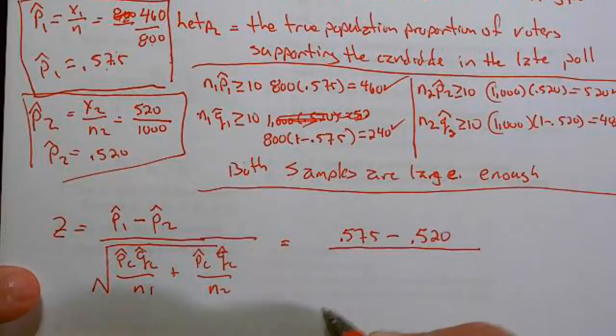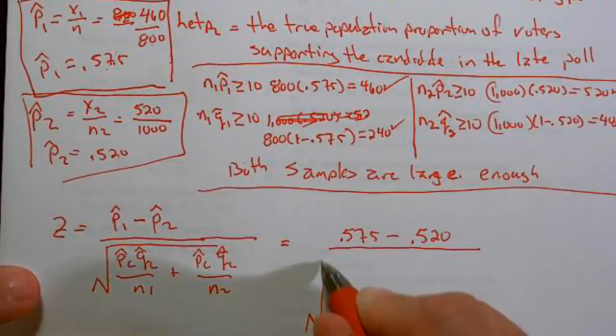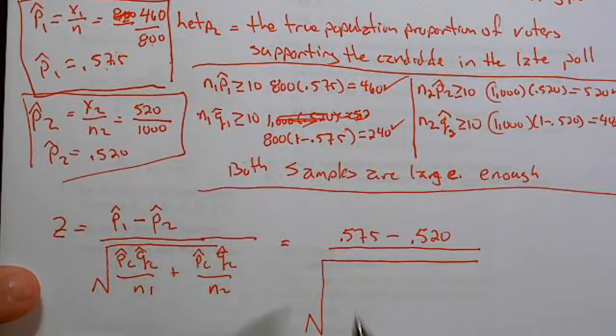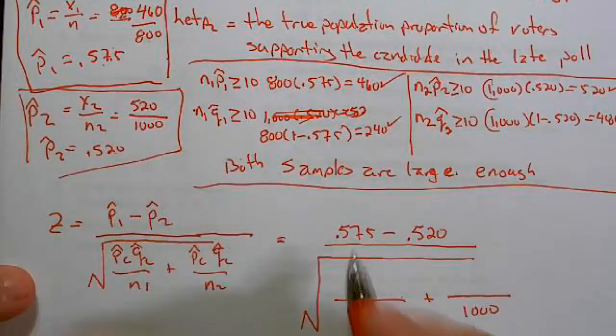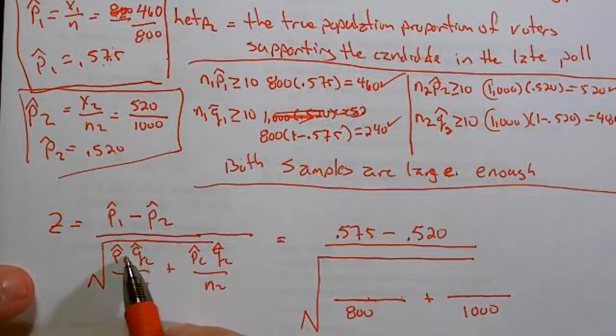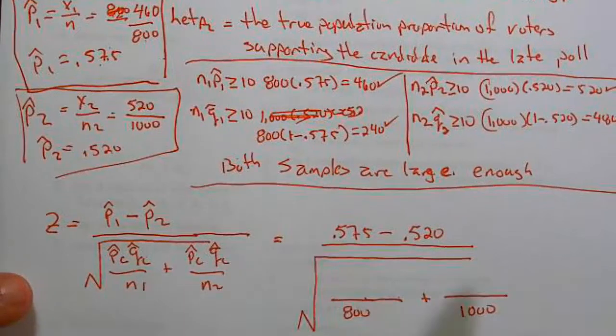Now we have the denominator. And the good news is I have some of the denominator. I have n1 and I have n2. I know n2 is 1,000, and I know n1 was 800. But I don't have p hat C and q hat C. So I have to calculate them.